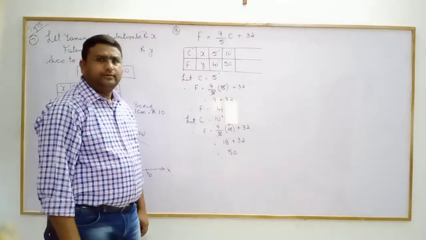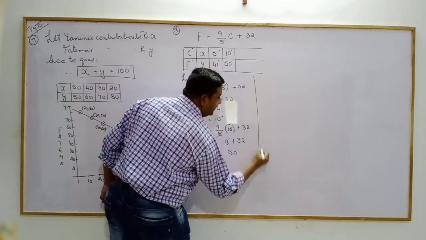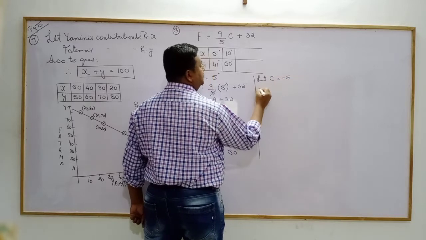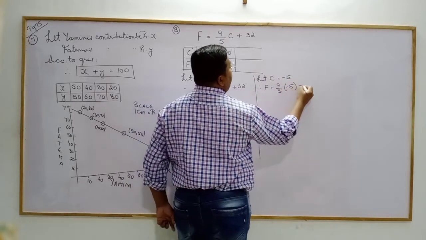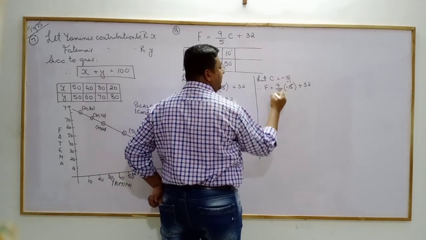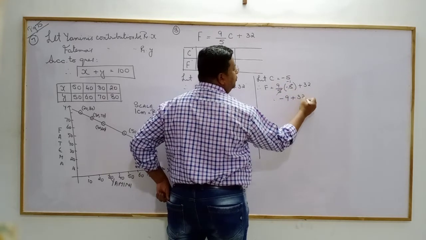Can you see that? Let us take C as minus 5. So therefore F is equal to 9 by 5 into minus 5 plus 32. 5 ones are 5, 5 ones are 5, that is minus 1. 9 into minus 1 is minus 9, plus 32.